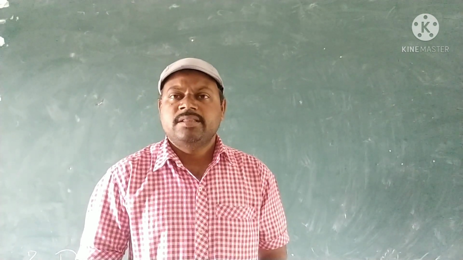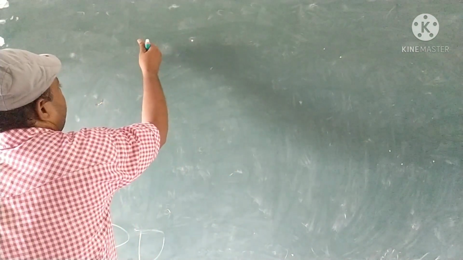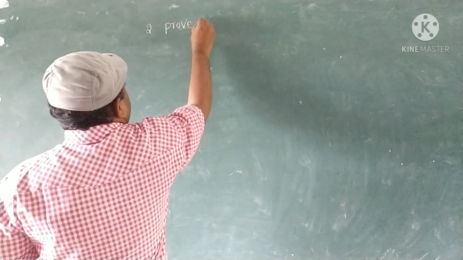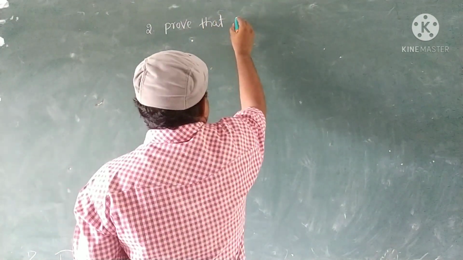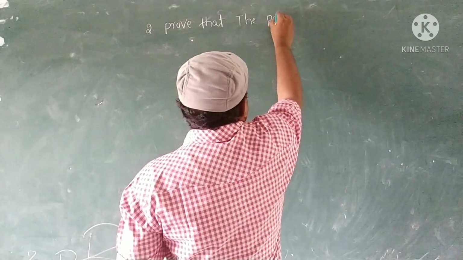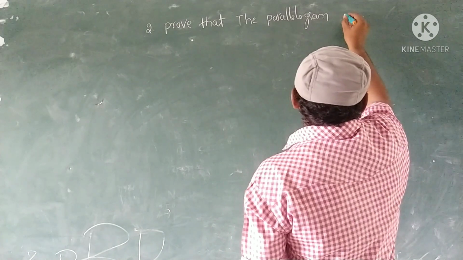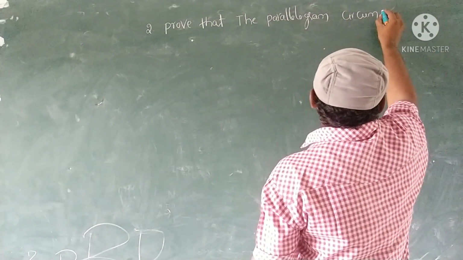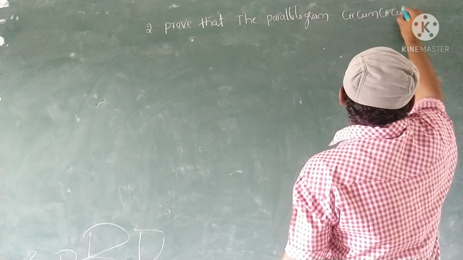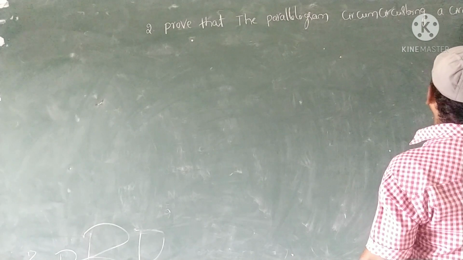Prove that the parallelogram circumscribing a circle is a rhombus.